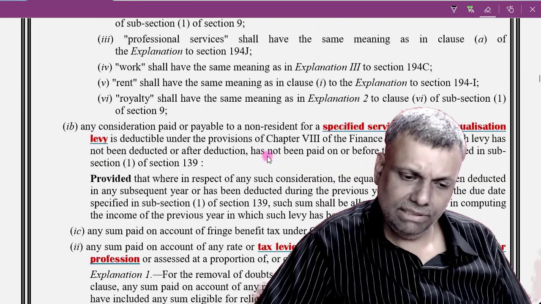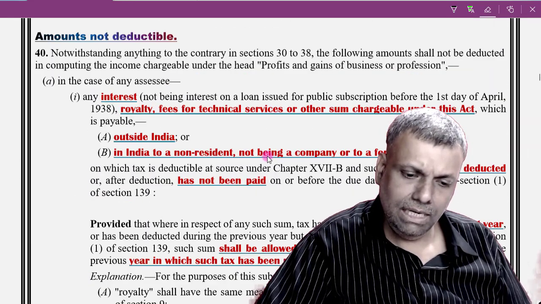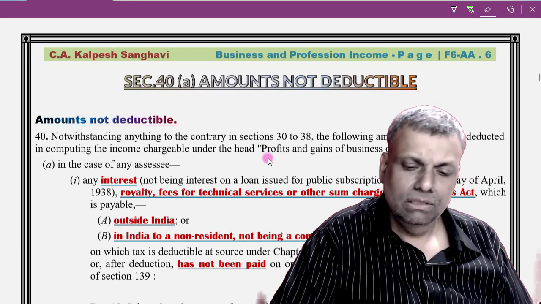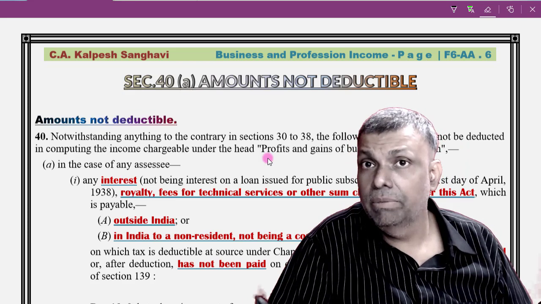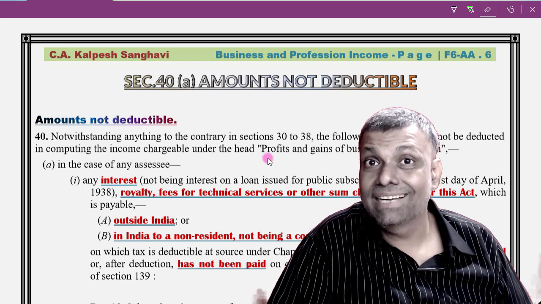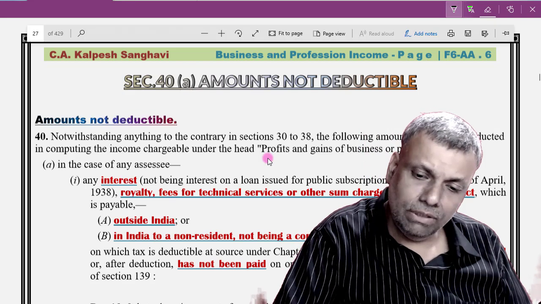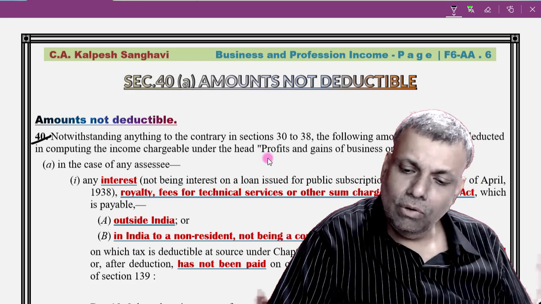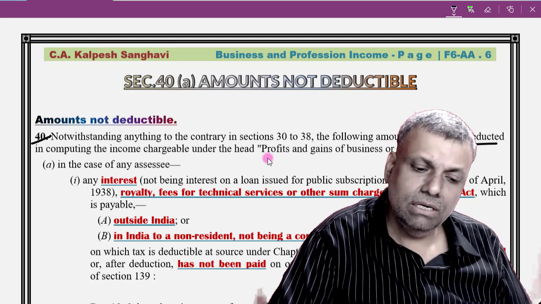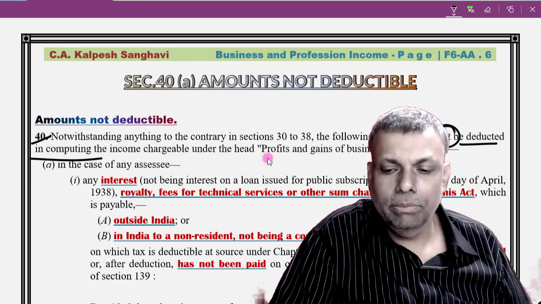Now pay a little bit of extra attention under section 40(a). Understand the interpretation very clearly, and this interpretation will be very much helpful even in our international taxation discussion, which we'll do afterwards. Section 40(a), the title says: the following amounts shall not be deducted in computing the income under the head PGBP. Shall not be deducted.